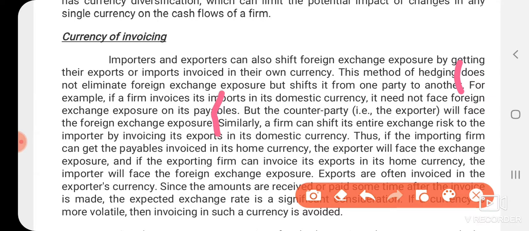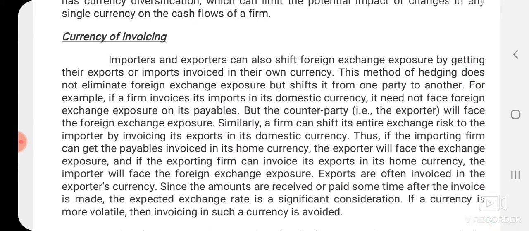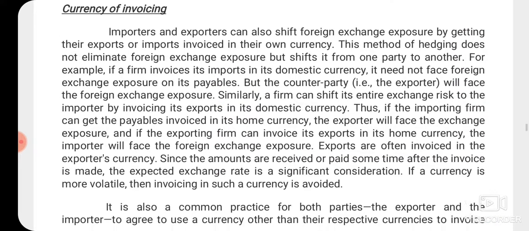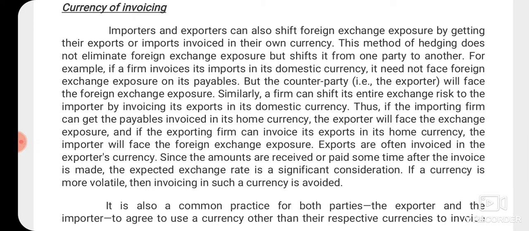other party. Similarly, a firm can shift its entire exchange risk to the importer by invoicing its exports in its domestic currency, nothing but vice versa. Thus, if the importing firm can get the payables invoiced in its own home currency, the exporter will face the exchange exposure.